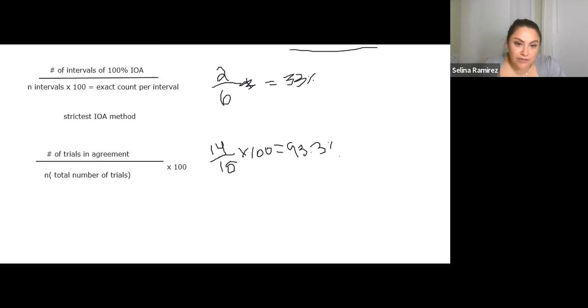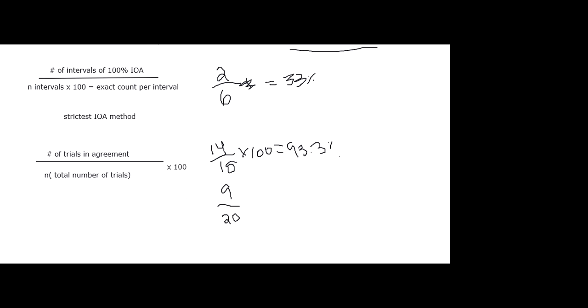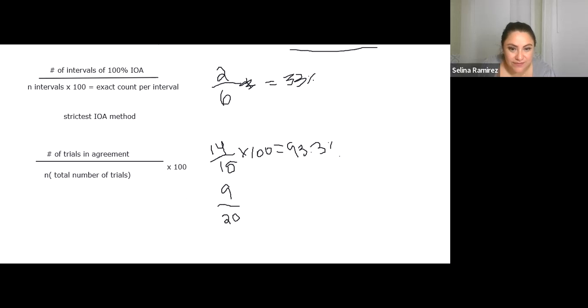So 9 are in agreement that either yes, we saw it together, or no, we didn't see it together, over 20, which is going to give us 45%.